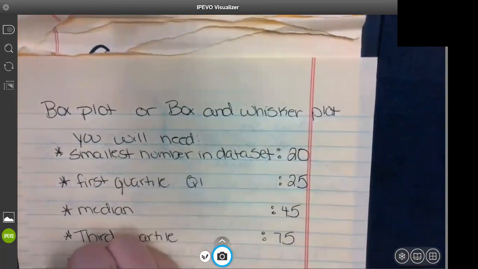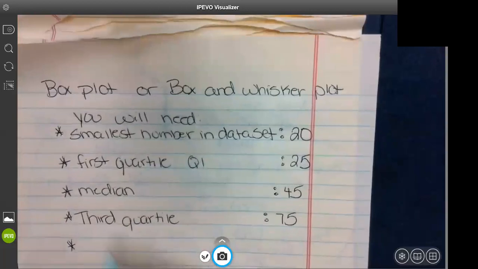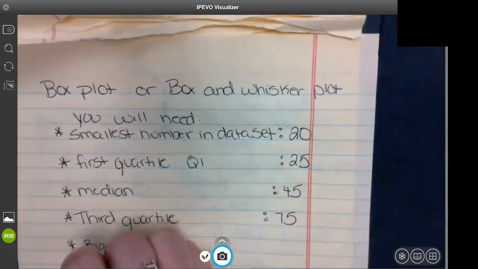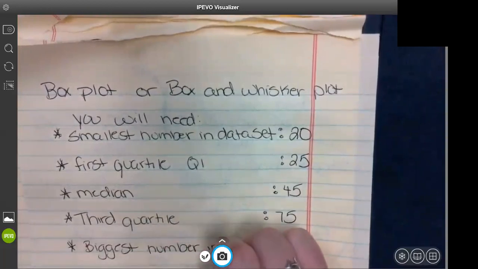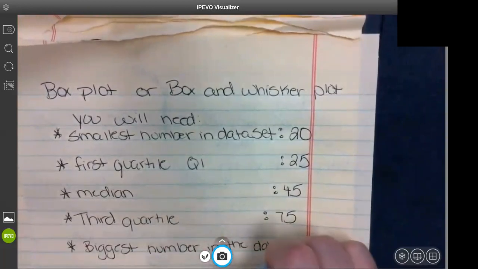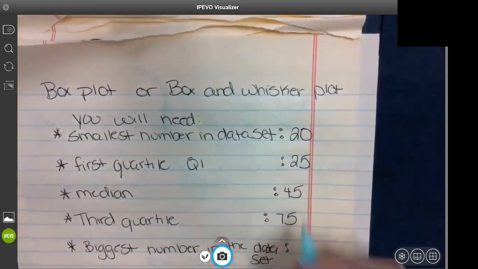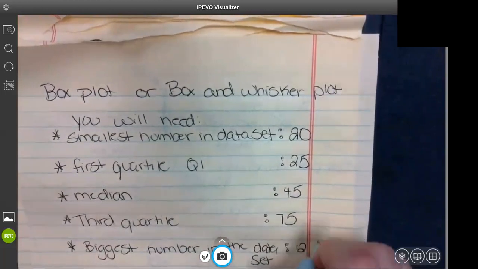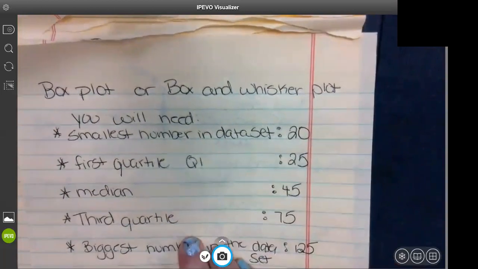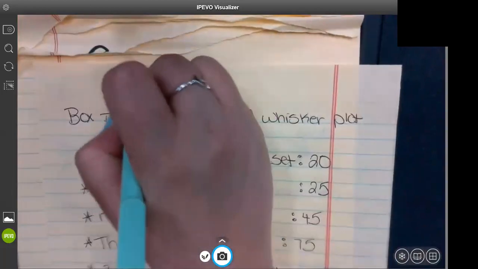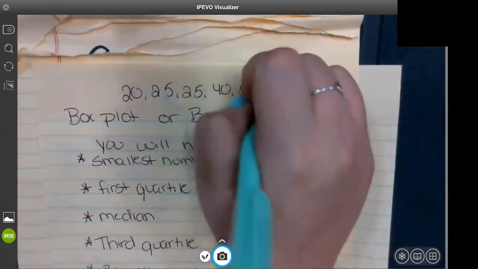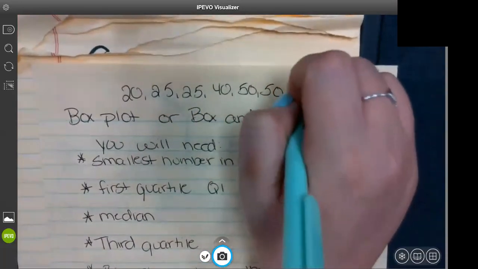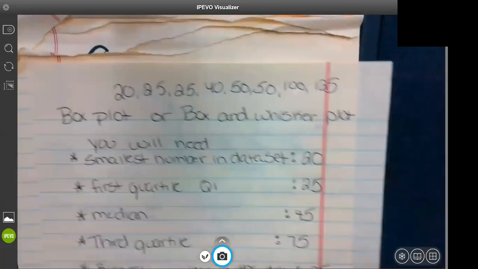And then, like you needed your smallest number in the set, we need our biggest or largest, which was 125. And remember, I just got these from the data set that we originally started with. So the 20, 25, 25, 40, 50, 50, 100, and 125.